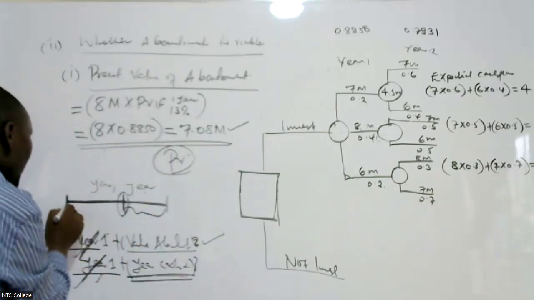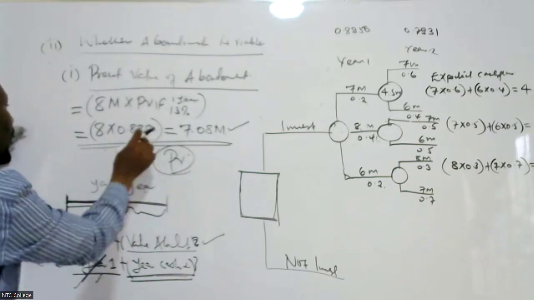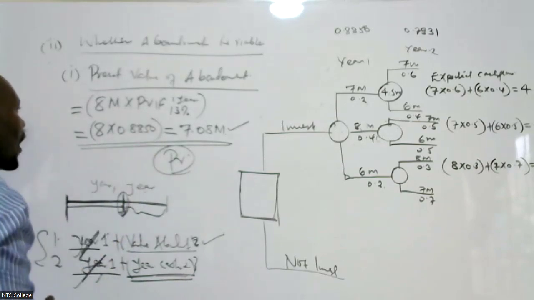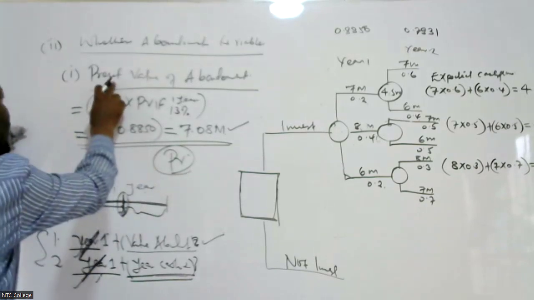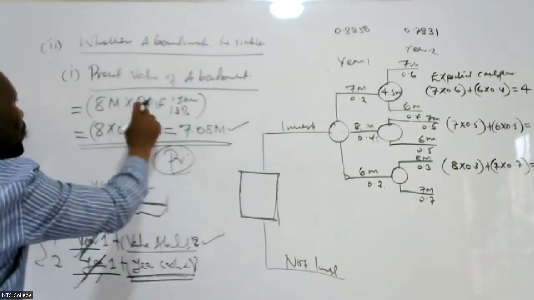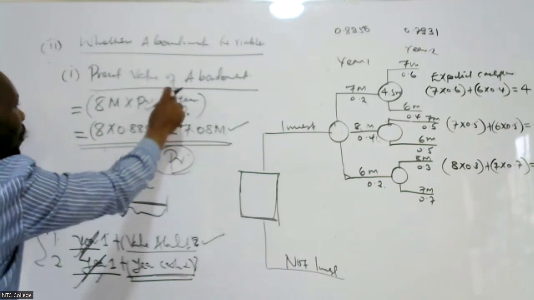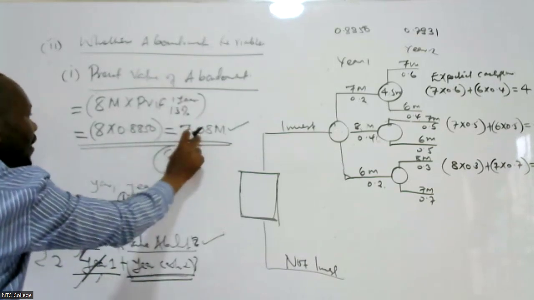You need to bring it to its equivalent value today, the present value. That's why I said the present value of abandonment. It is 8 million that will be paid after 1 year. You discount it with PV because it's only 1 year, 30%. You'll get this, and then that is 7 million.